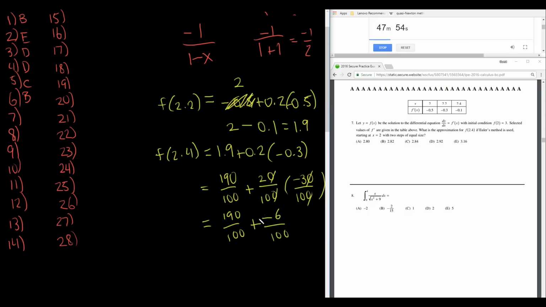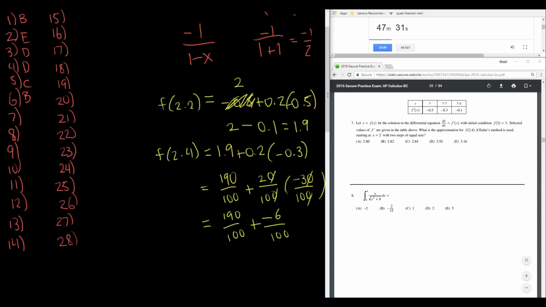All right, let's spend a little longer on this to try to figure out what the error is here. So I do believe I did this part right. We have a fifth times half is a tenth, and we're subtracting it because it's negative. F of 2.4.